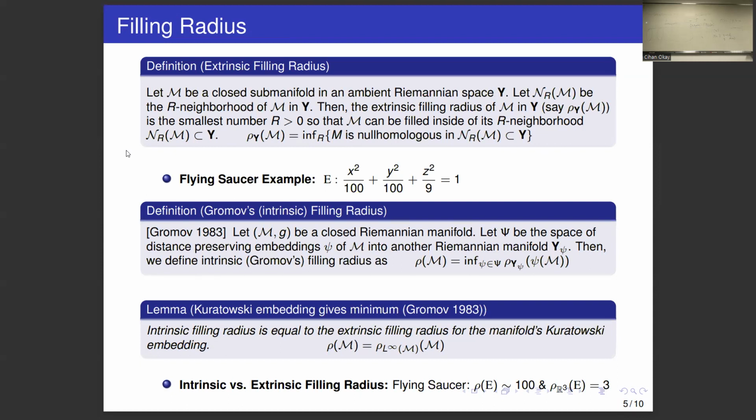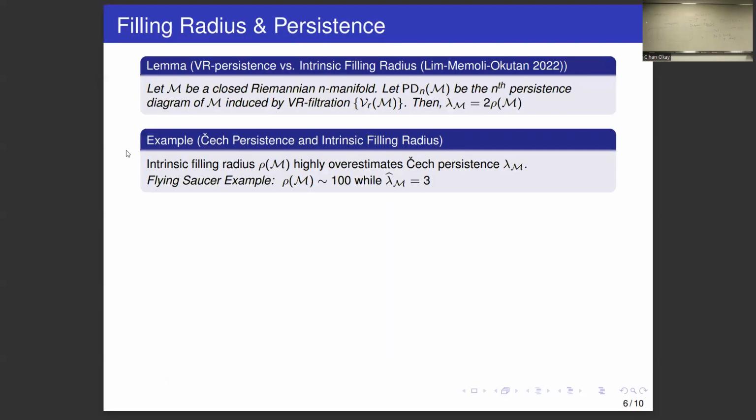Because when you look at the r-neighborhoods in Rn, R3 for example, at 3 it becomes filled, and then you are done. For Čech persistence, Gromov's filling radius highly overestimates, because you can see it here for the same example. It is not 100, it's 10, but you can make it very large by making the other axes very large. But the Čech lifespan is 3.